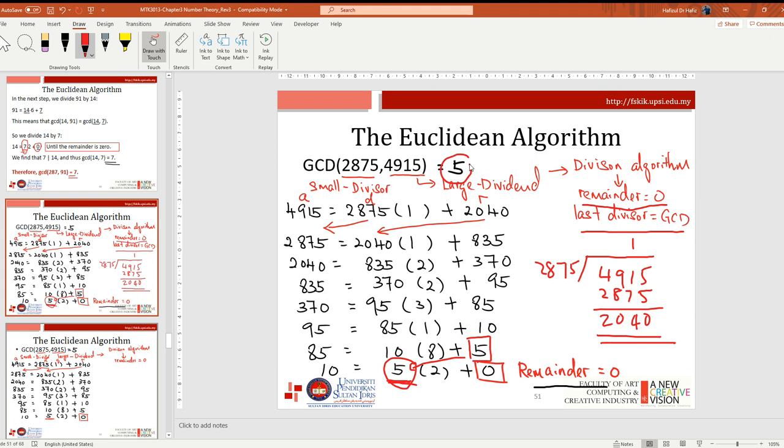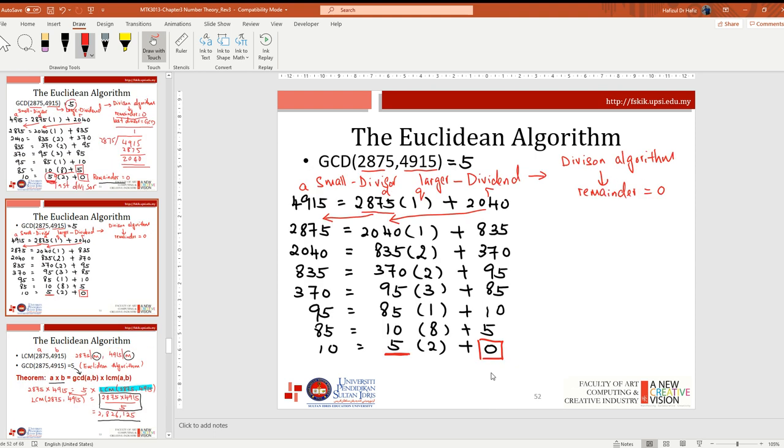For the division algorithm, when the remainder is 0, the last divisor is the GCD. Okay, this one is the last divisor. This one is the breakdown for the GCD of 2,875 and 4,950.